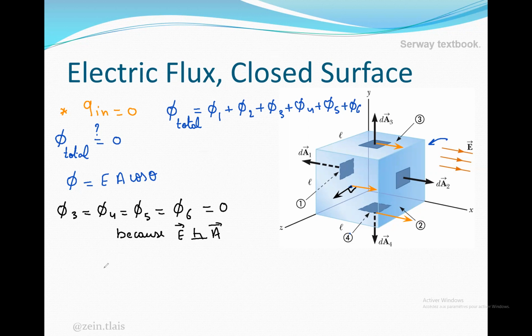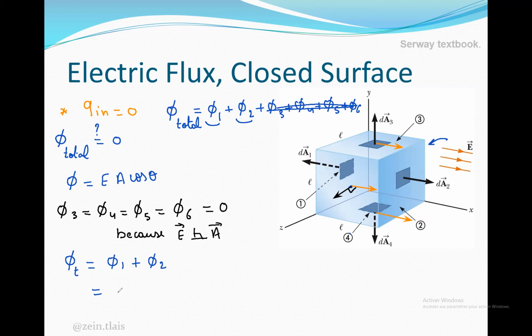Okay, now we have the flux total of 1 and 2. These are equal to 0. Flux 1 plus flux 2.